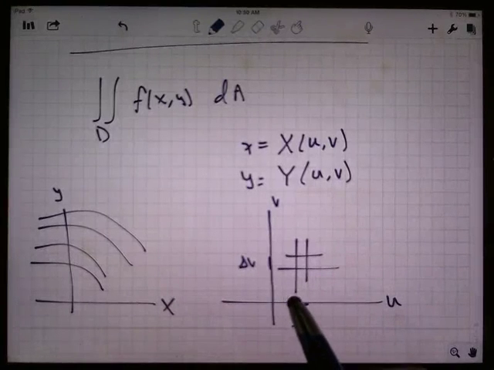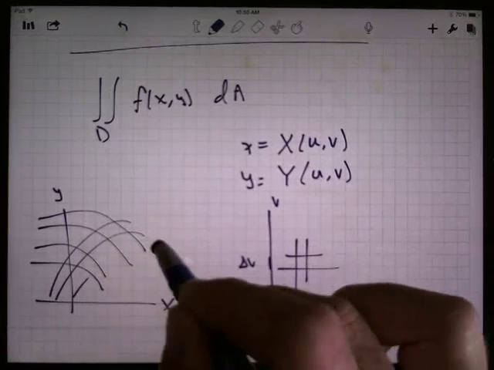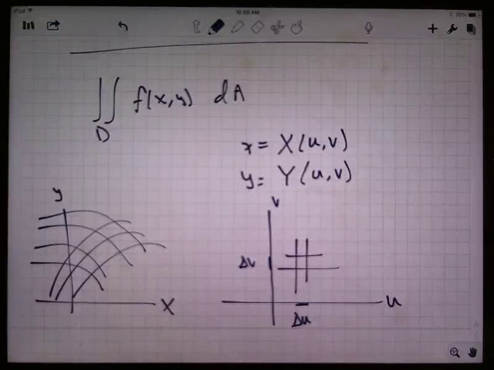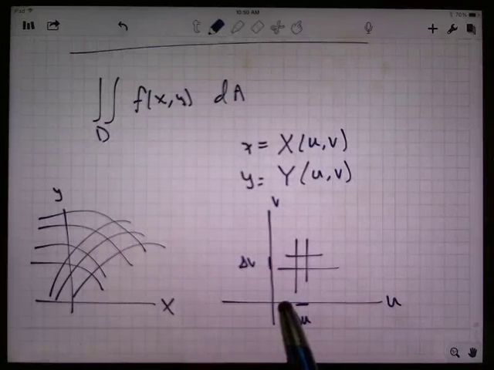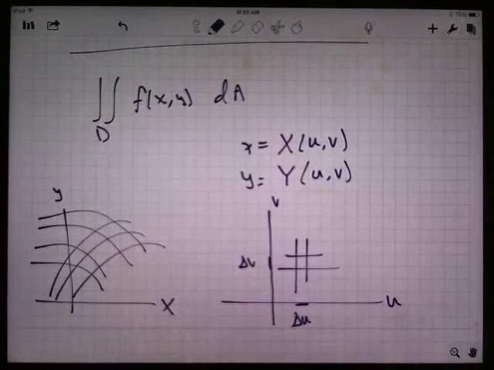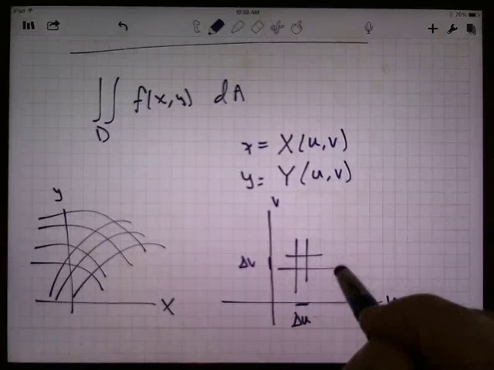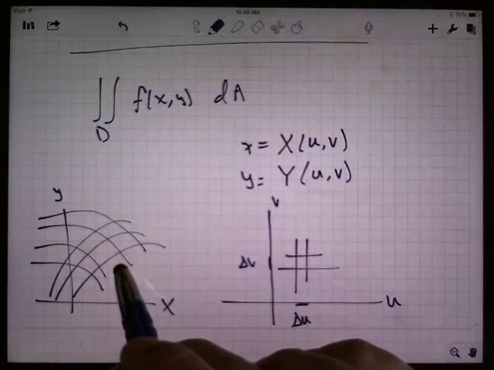Likewise, for each value of U, and you let V change, then you're going to have some other set of curves. For each value of U, you get a curve in the V direction. For each value of V, you get a curve in the U direction. And so this grid over here gets translated into some sort of skewed grid over there.